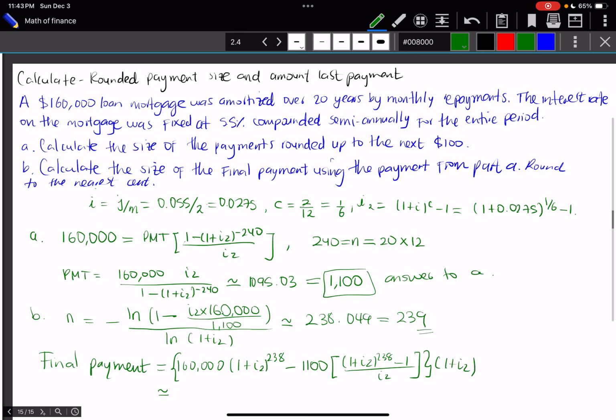And when we use a calculator to compute this value, we get approximately 53.6. So there we have the answer to part B.